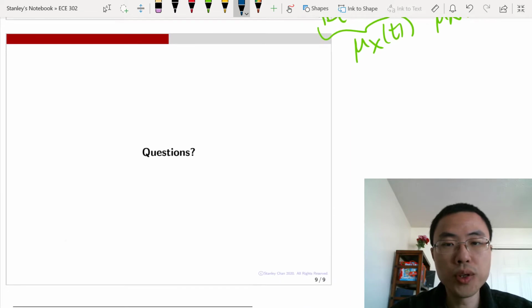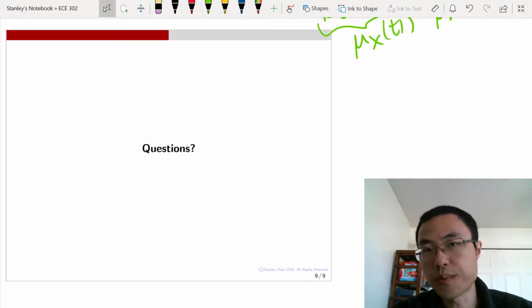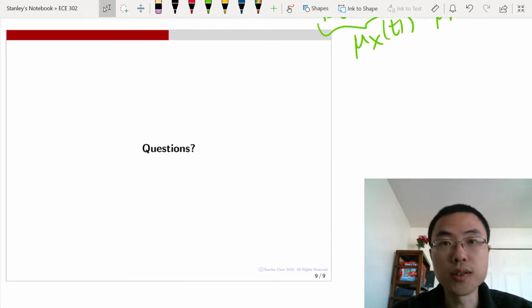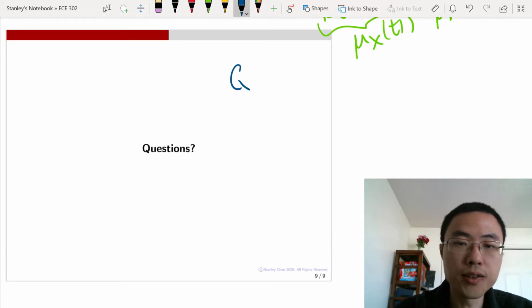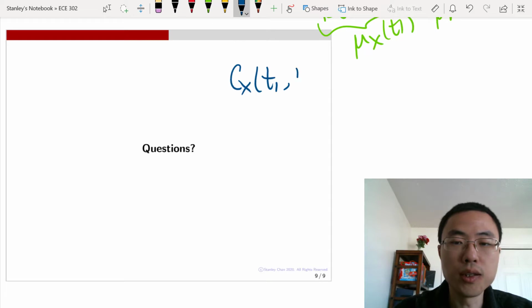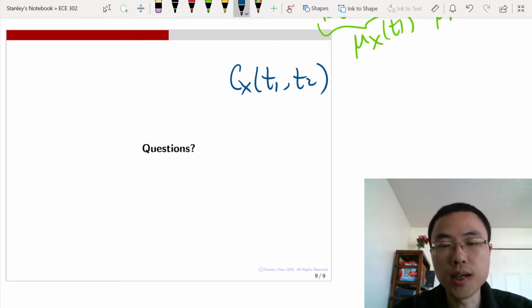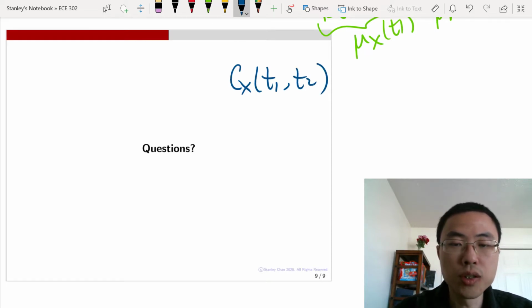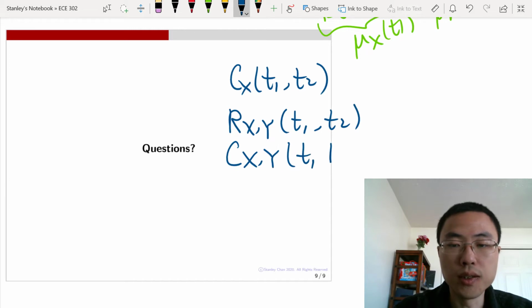Alright, so we have introduced a couple of new concepts here. The first one is the autocovariance function, the Cx of t1 and t2. The second concept that we introduce here is the cross-correlation of x and y, t1 and then t2, as well as Cxy, t1 and then t2.